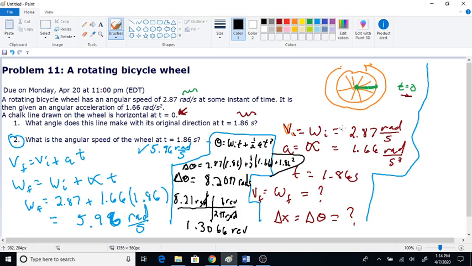Now, that's still not the answer. If this is our final mark after 1.86 seconds, once around is 1 revolution, aren't we back to square one, the 0 theta displacement from the original mark? So 1 revolution, it's like it doesn't exist. So we go 0.3066 revolutions past this. The answer is 0.3066 revolutions.